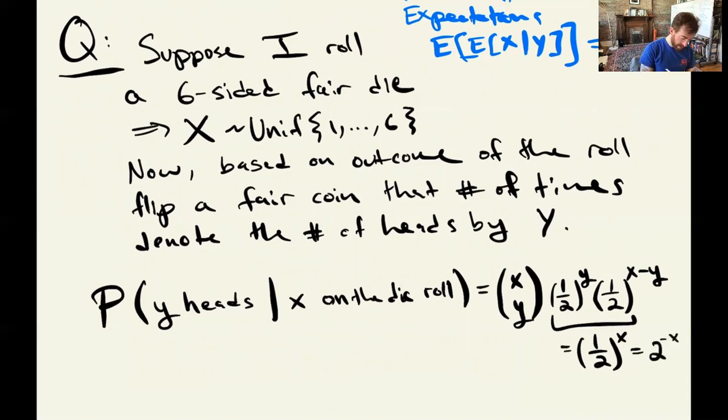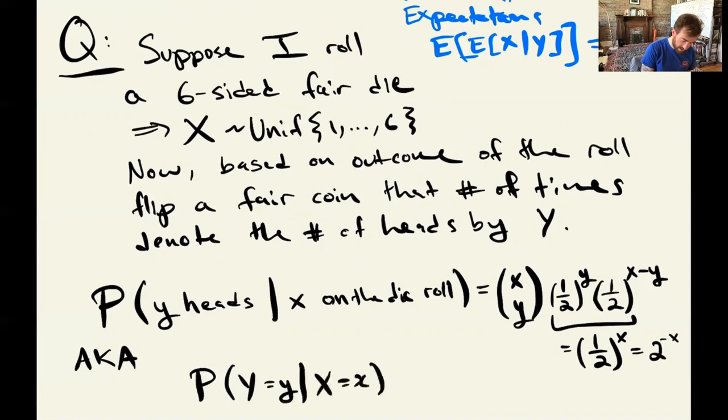Okay. Now, for ease of notation, we'll also write this as the probability that capital Y equals little y conditioned on capital X equaling little x is equal to x choose y, 2 to the minus x.